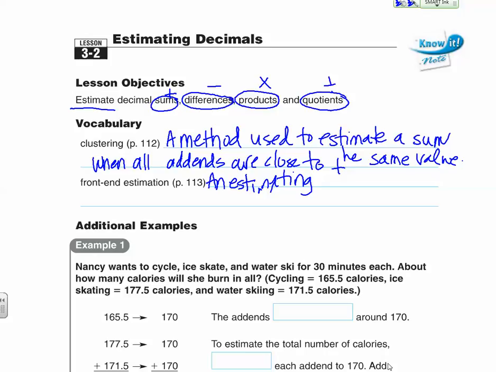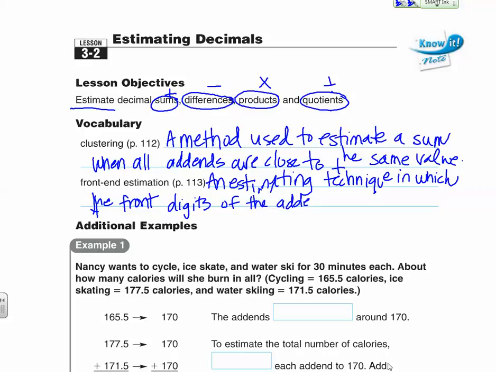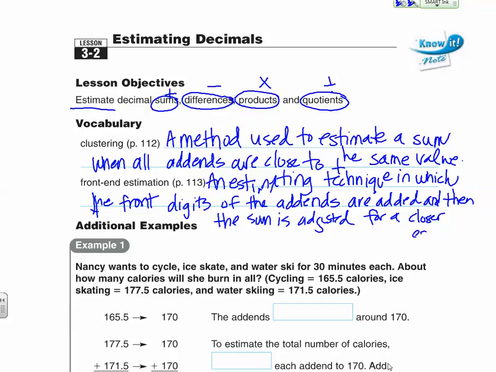An estimating technique in which the front digits of the addends are added, and then the sum is adjusted for a closer estimate. Okay, so go ahead and pause me and get those filled out.